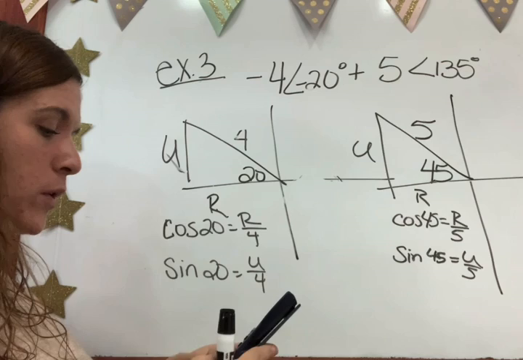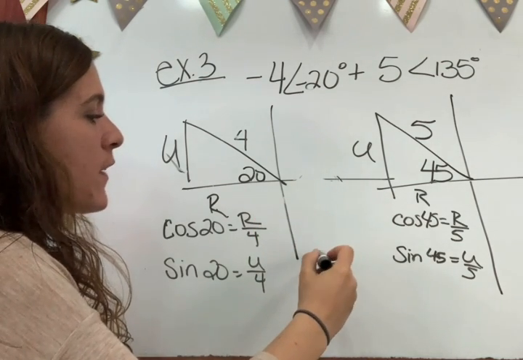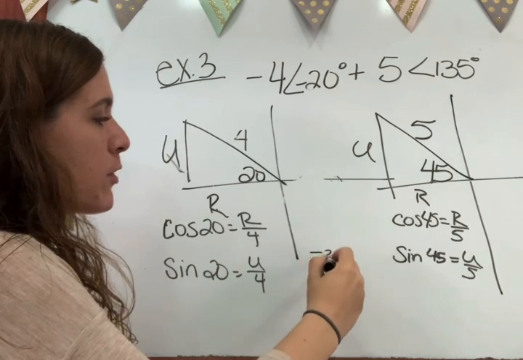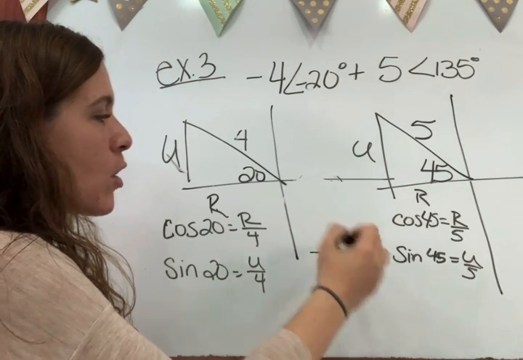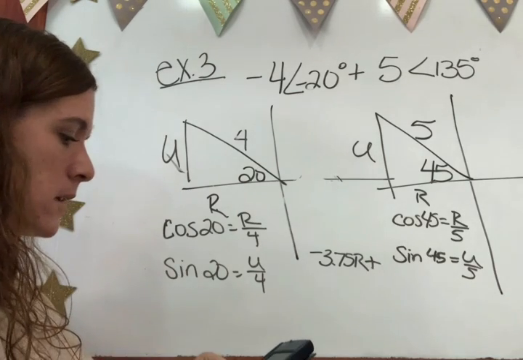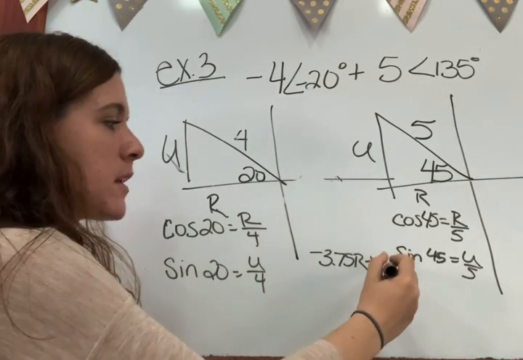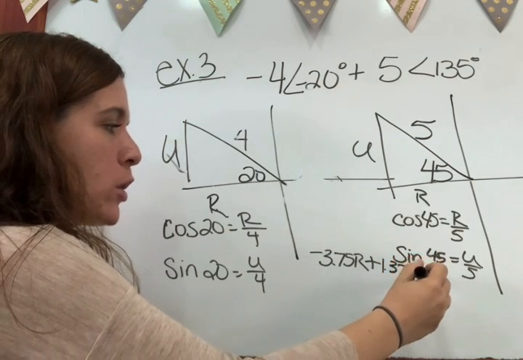This one's going to be 4 times cosine 20, 3.75. That's going to be a negative 3.75R because it's over to the left. Plus the U is 4 times sine 20. That one's going up, so it's going to be 1.37U.